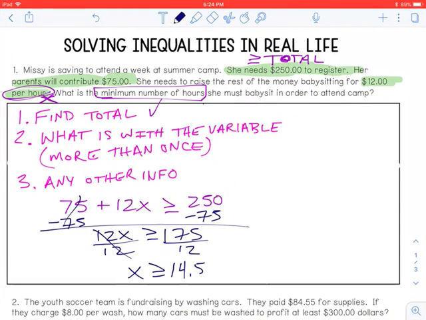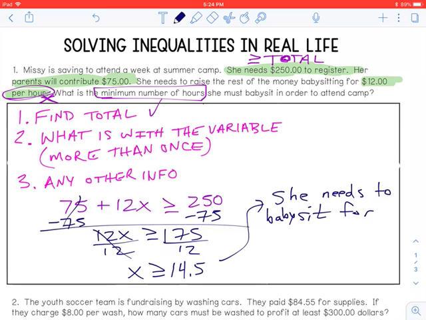Well, 14.5. So since we usually don't talk in decimals, like you're not going to babysit for 14 and a half hours, you're going to probably round up to the next hour. Okay, so Missy needs to babysit for at least 15 hours.